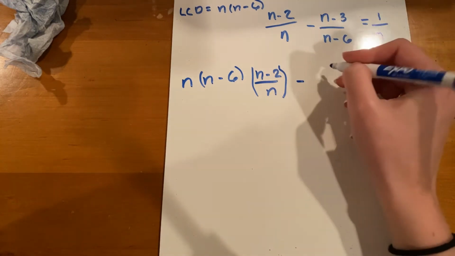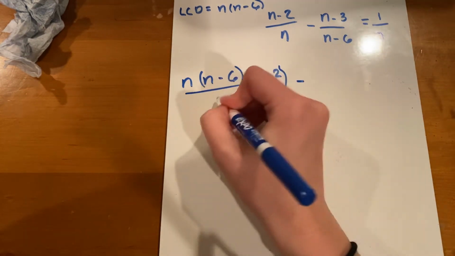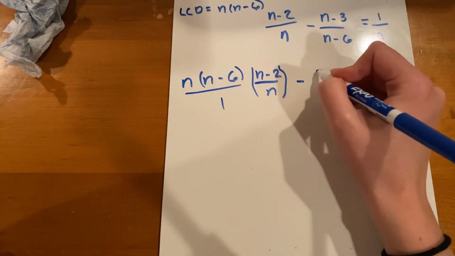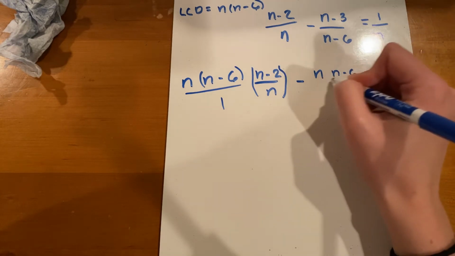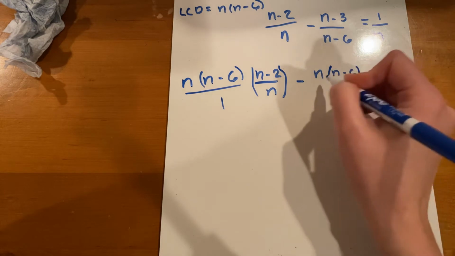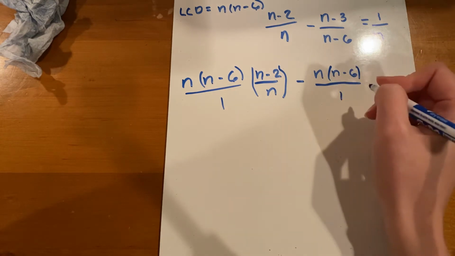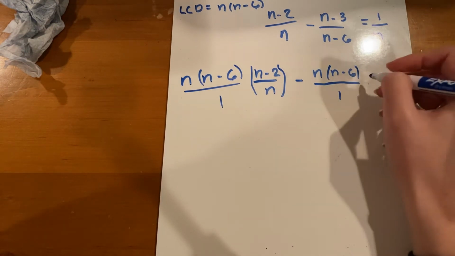So minus the quantity, and this is all over 1, just to be clear, of our least common denominator, n times n minus 6.